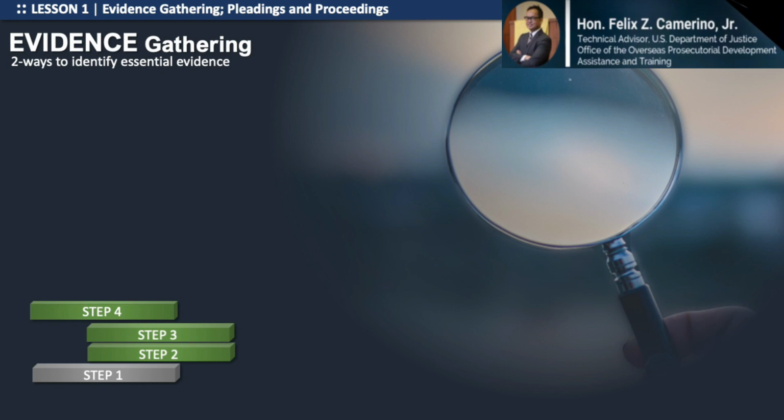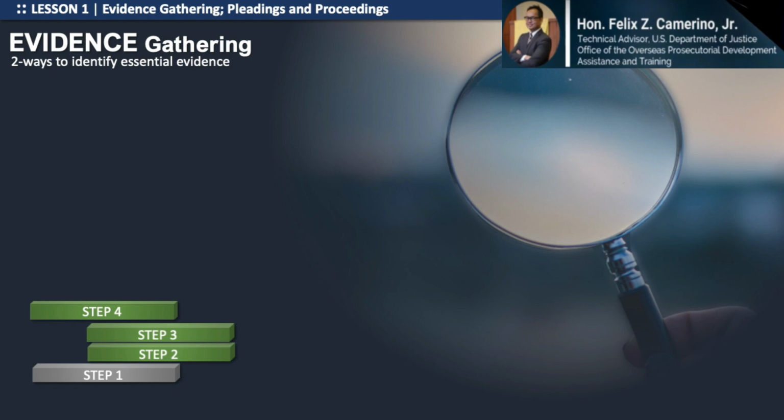The second way that would help us answer the questions that we seek on step 2 and 3 is if we look at a circumstance where, for example, you're not building the case from scratch. The case is actually being referred to you, so there are already some facts that are available.